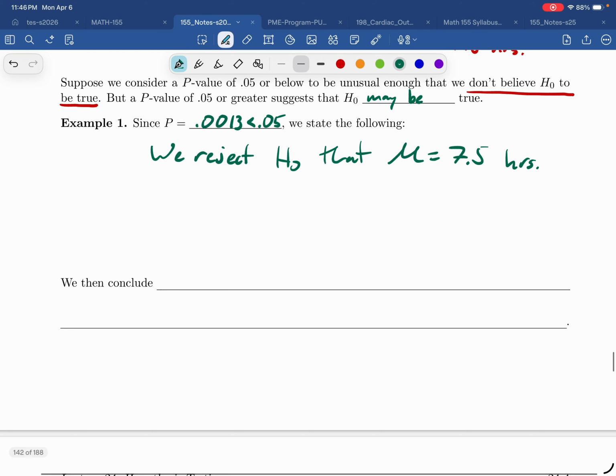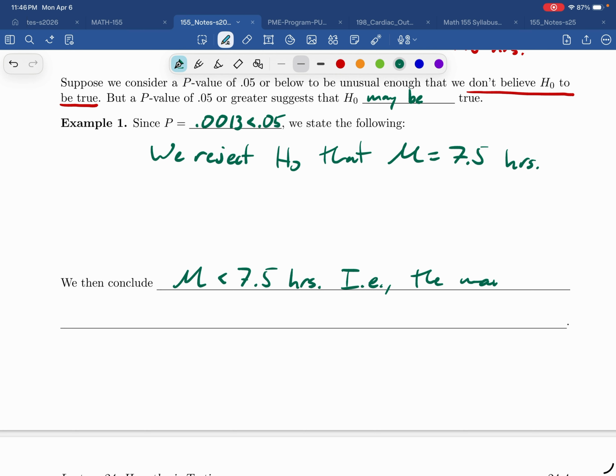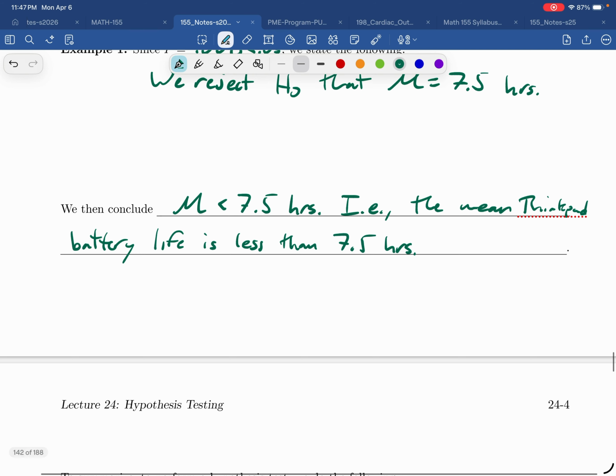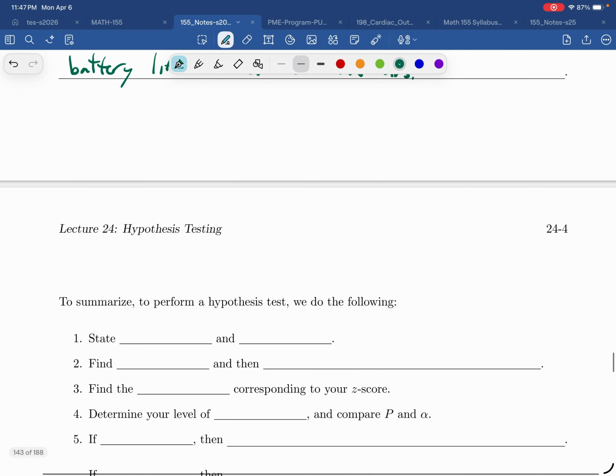We then conclude mu is less than 7.5 hours, i.e. the mean, again, not the man, the mean ThinkPad battery life is less than 7.5 hours. Again, these are made up numbers. I am not pro or anti-Lenovo, just making stuff up.